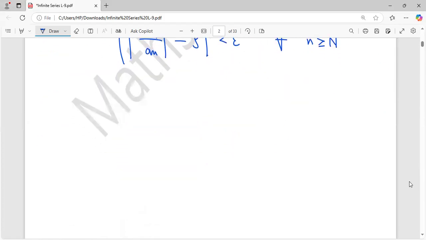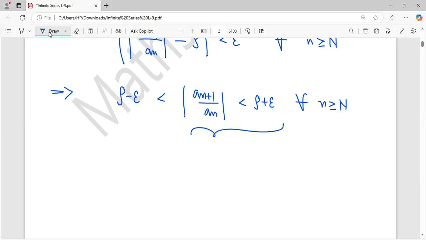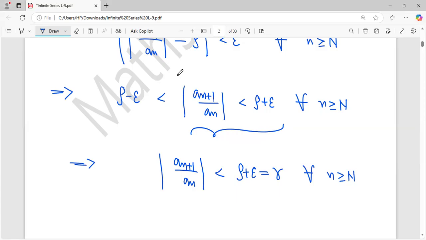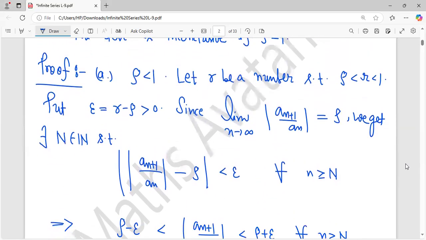Okay, so this implies rho minus epsilon is less than a_(n+1) upon a_n, which is less than rho plus epsilon, for all n greater than capital N. So taking this part only, this implies a_(n+1) upon a_n is less than rho plus epsilon, which is nothing but R, for all n greater than capital N. Rho plus epsilon is R because epsilon is R minus rho.